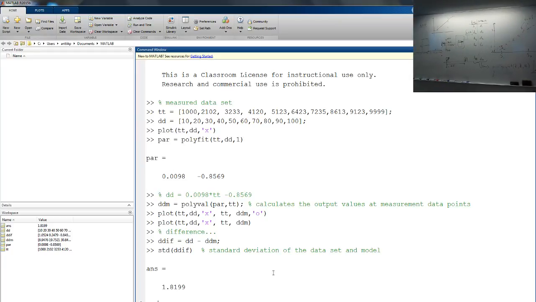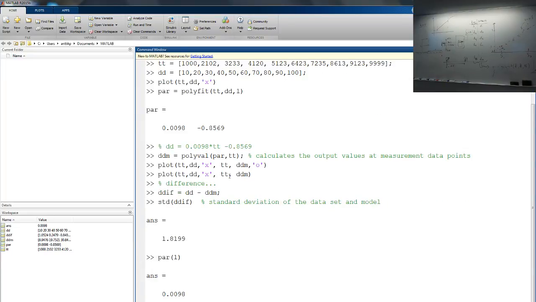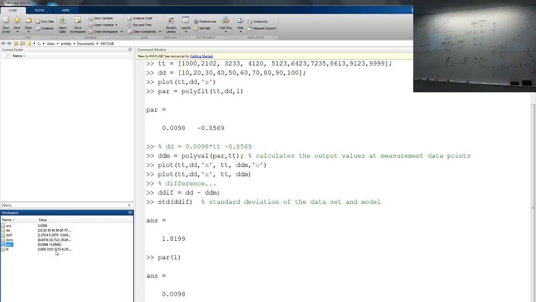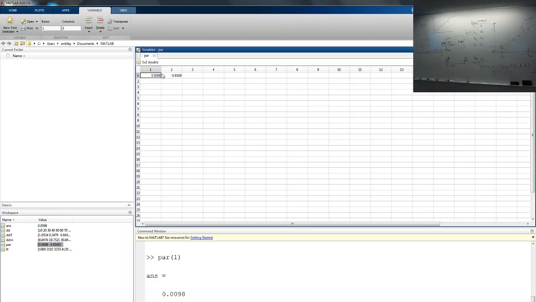All right. So we got the parameters. Parameter 1. I think I would need more digits to do that one. Just a moment. Can I actually see this one better here?